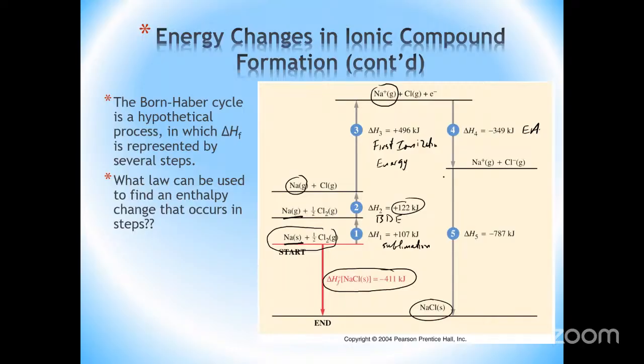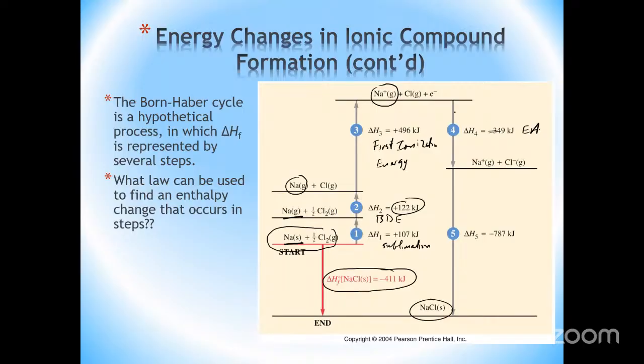Now, before I continue, you should notice that all the steps we have looked at so far, sublimation, bond dissociation energy, and the first ionization energy, each of these steps are endothermic, right? So therefore, each of these values will be positive. On the other hand, the electron affinity, where the chlorine gaseous atoms gain an electron to form the chloride ion, is negative because that's exothermic, all right?